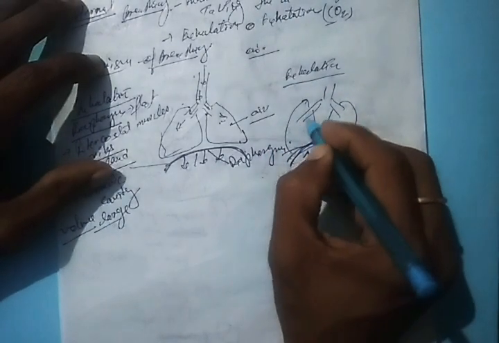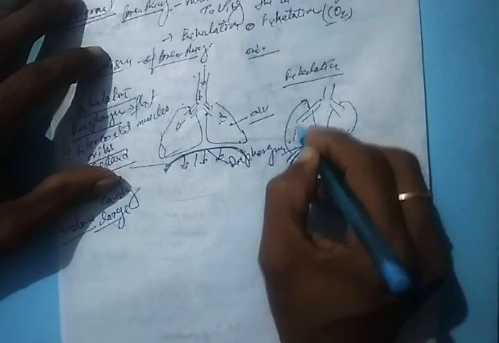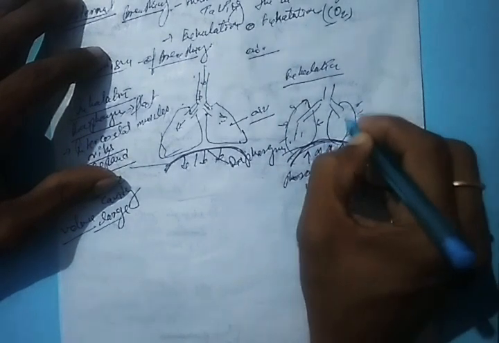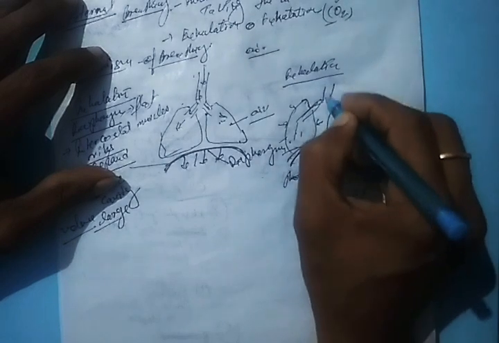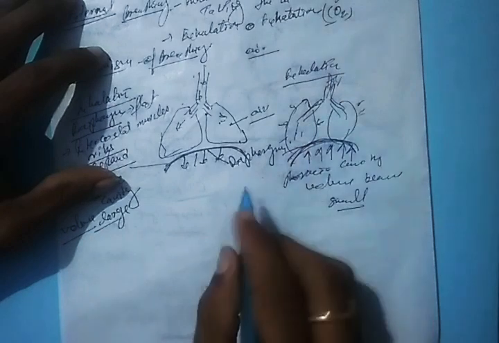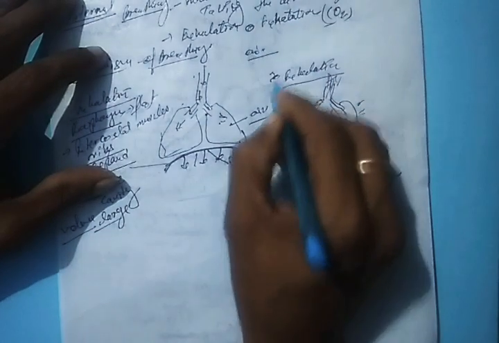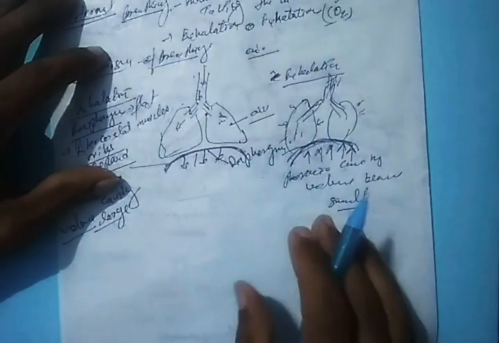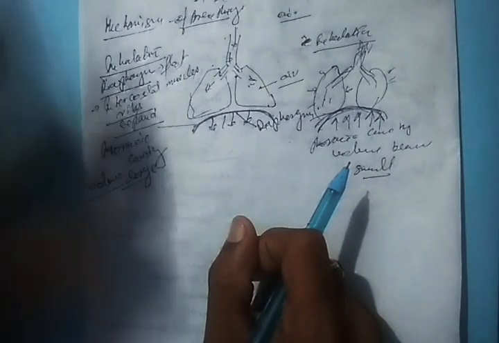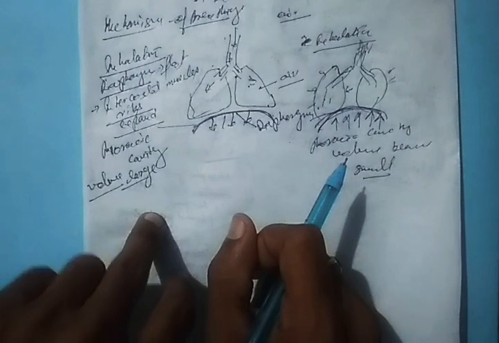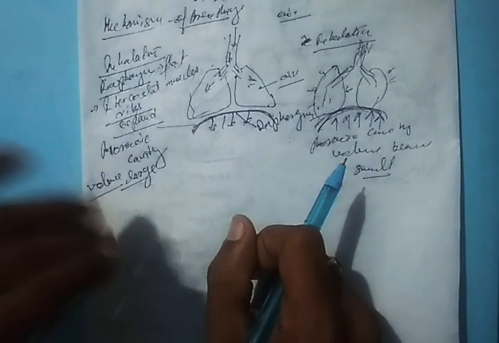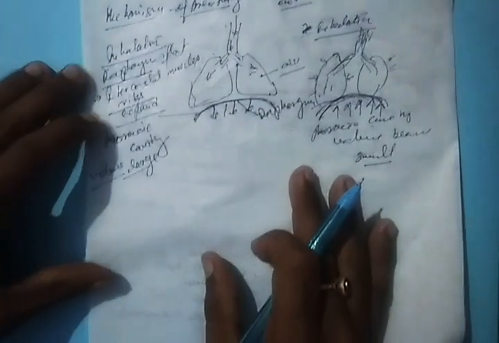As a result, pressure comes on the lungs, and the extra air goes into the atmosphere. That is simply the process of exhalation. So now you know how the diaphragm and intercostal muscles which are present in the ribs help in inhalation and exhalation.